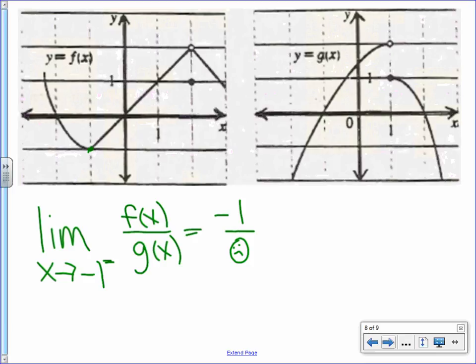Because if you plug in a number for g of x on the left side of 0, it goes down to negative. So we're approaching 0 from the negative side, which means these values as we're getting close to 0 are negative numbers. I know there's no such thing as a negative 0, but we're talking about a limit. As we are approaching 0, we are doing so with negative values. So we would describe this as positive infinity.